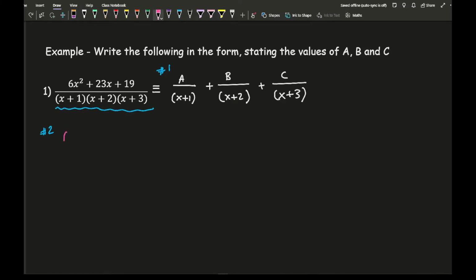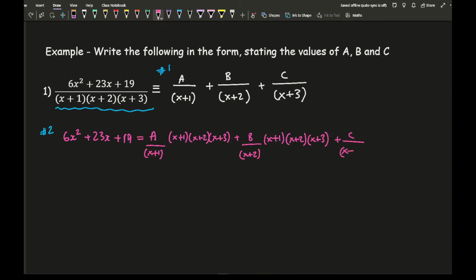So what we end up with is 6x squared plus 23x plus 19 equals A over x plus 1 times x plus 1, x plus 2, x plus 3, plus B over x plus 2 times x plus 1, x plus 2, x plus 3, plus C over x plus 3 times x plus 1, x plus 2, and x plus 3.